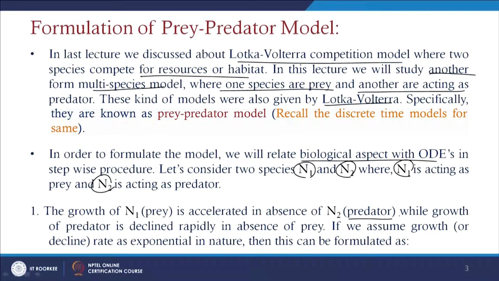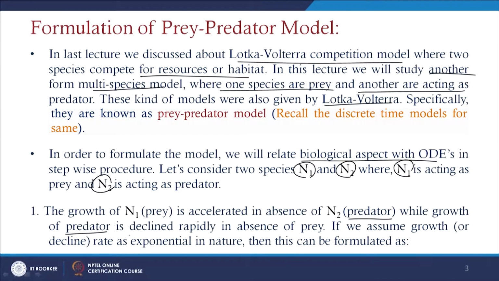If the predator is present, it can eat the prey and decline the prey population. And if the prey is sufficiently reduced, the predator population declines rapidly in the absence of prey.